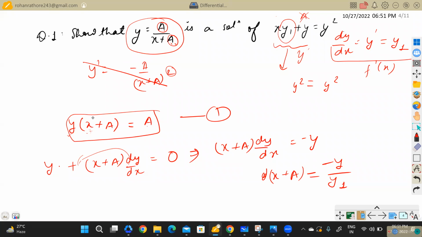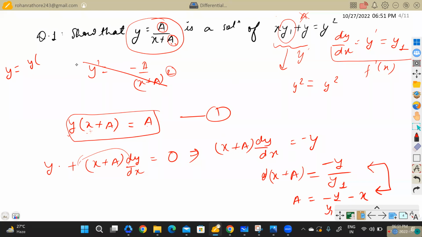Now let's substitute both of these values in the given value of y. We are substituting a, so let's determine a from here also. a is minus y over y1 minus x. Now let's use these two values.